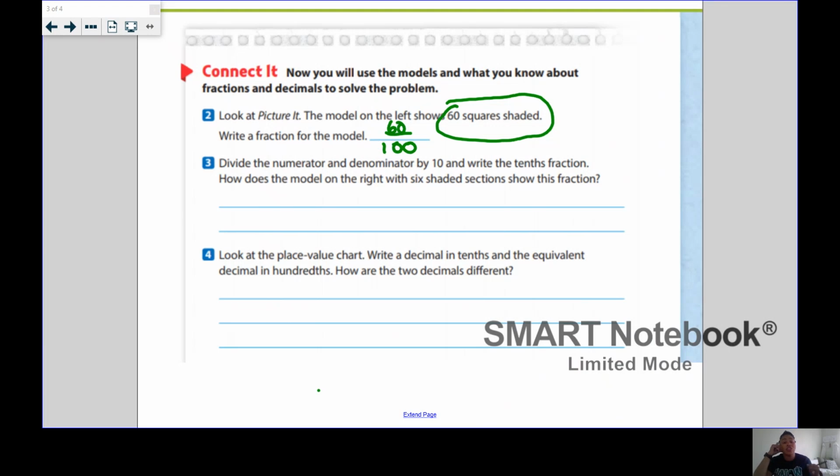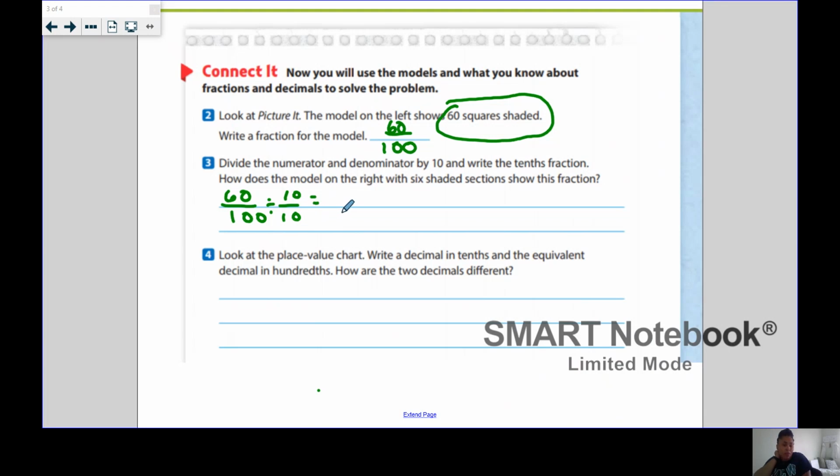Then you have to divide the numerator and the denominator by 10 to write the tenths fraction. So again, we have 60 over 100. We're going to divide by 10 because what you do to the denominator, you do to the numerator, right?